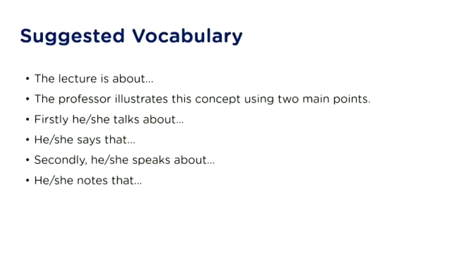So this is a great way to introduce the two main points that the lecture discusses. Firstly, he or she talks about, here's the main point. He or she says that, and then here are your details. Secondly, he or she speaks about, second main point. He or she notes that, and then your details.